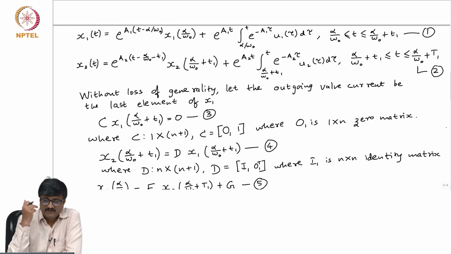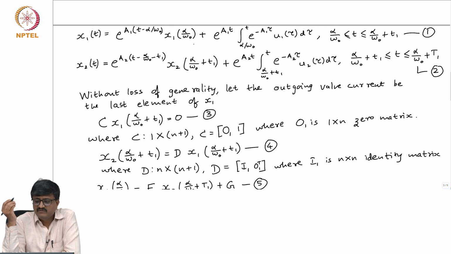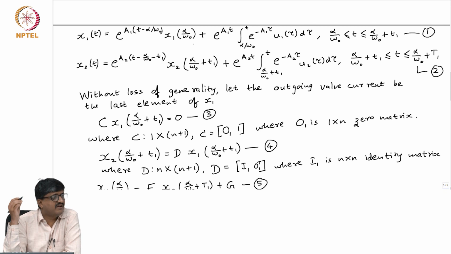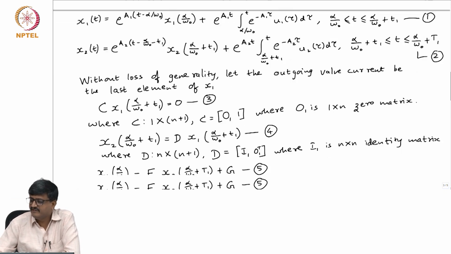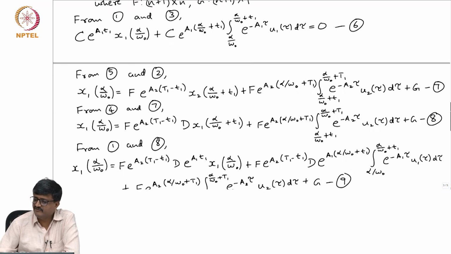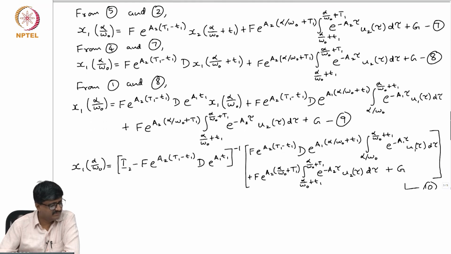So if 1 and 2 are solutions, what is required? To use equation 1, we should know all things on the right hand side. A1 is known, U1 is also given, but what about x1 at alpha by omega O? That is the only thing that is required. So x1 at alpha by omega O has to be determined. Which equation will give me that?